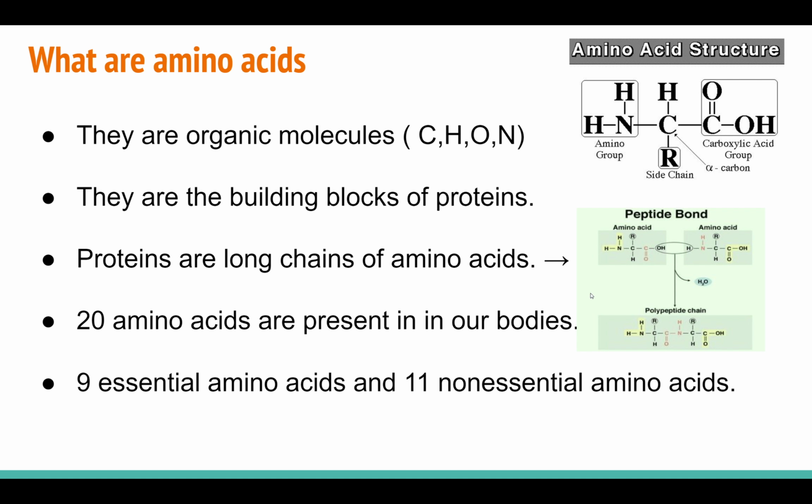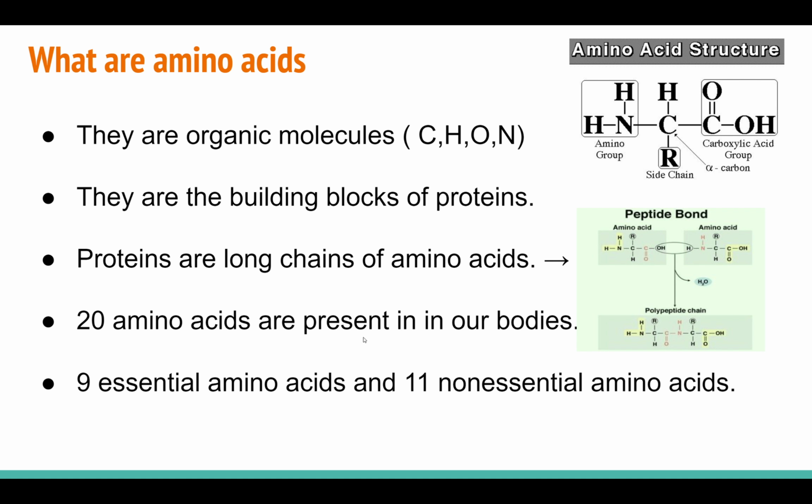And it should be noted that many amino acids do exist in nature, but out of the many amino acids that exist in nature, only 20 amino acids are present in the human body. That is, only 20 amino acids can be encoded by the human genetic code.